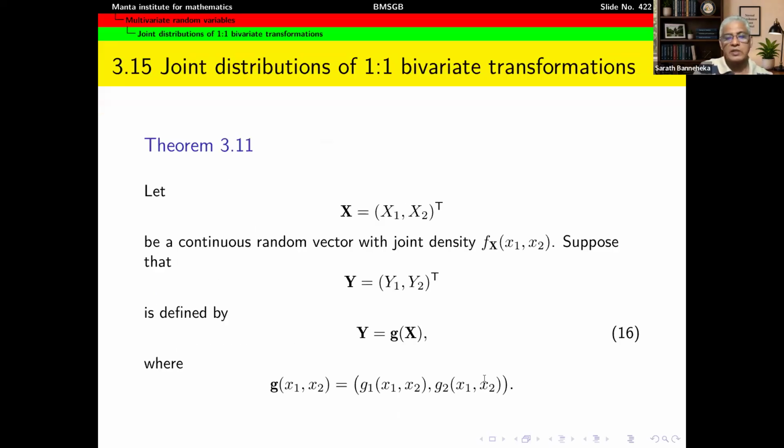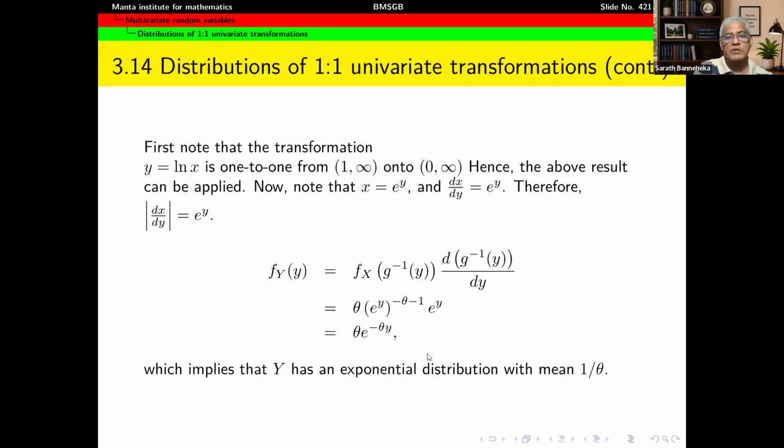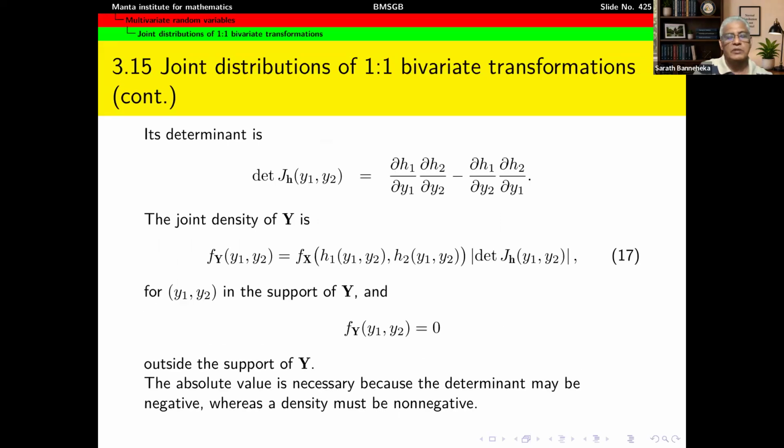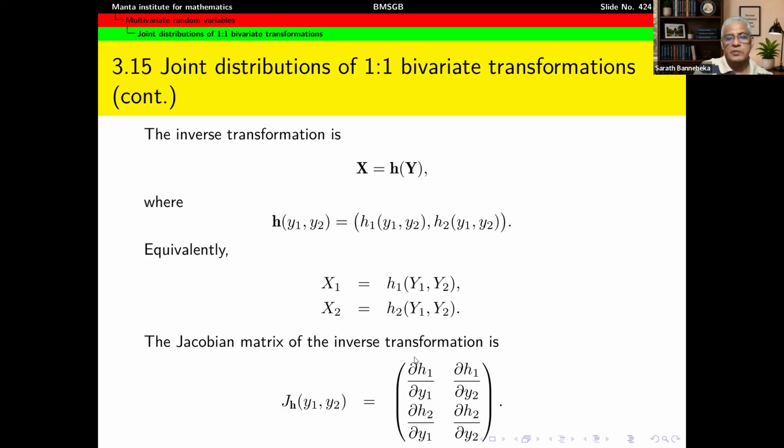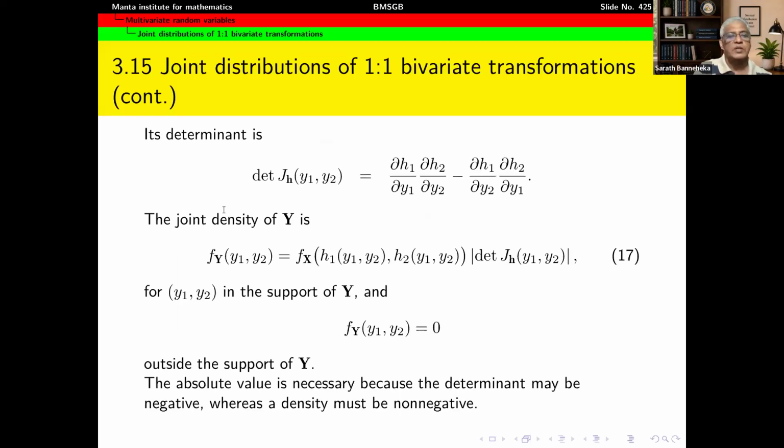In the theorem, in order to get the joint density of Y, we want the determinant of JH. The determinant of JH is just this term times this term minus this term times this term. So that's what we have here.